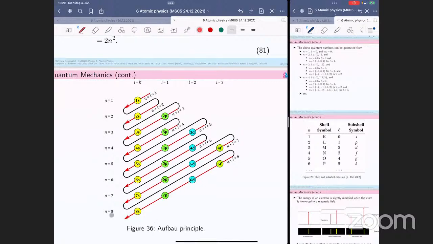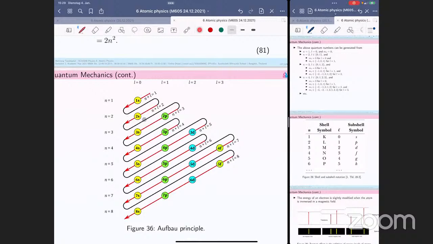It means that you start from 1s, when n is equal to 1. It's a zigzag movement like this, not in a horizontal or vertical way, but a mix. When n equals 1, you have 1s, when l is equal to 0, and you move in the zigzag way to n equal to 2 and l equal to 0, you have 2s.